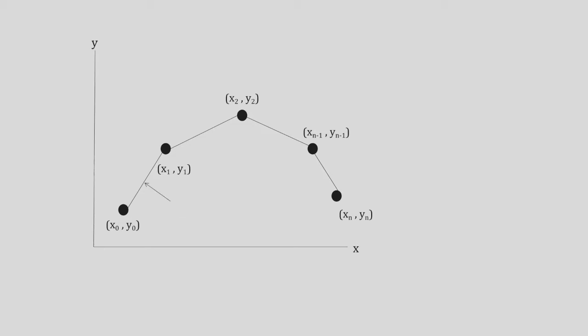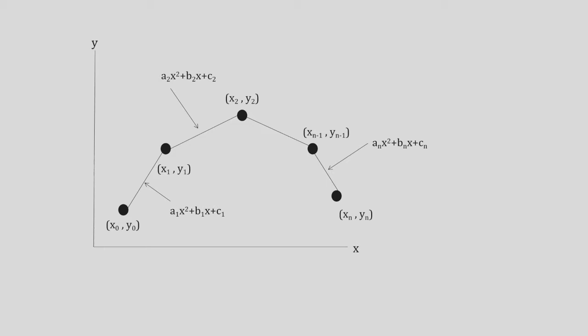Let's call this one a sub 1 x squared plus b1 x plus c sub 1, and for the second we will call it a sub 2 x squared plus b2 x plus c2, and so on and so forth. And then we have the last one, we will call it a sub n x squared plus bn x plus c sub n.